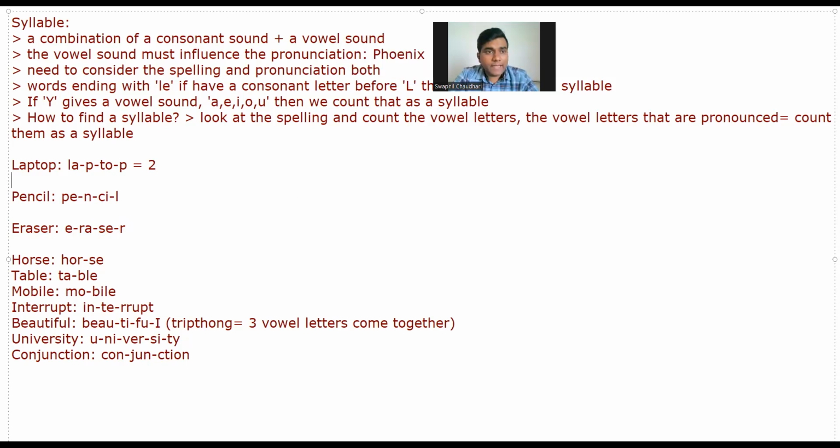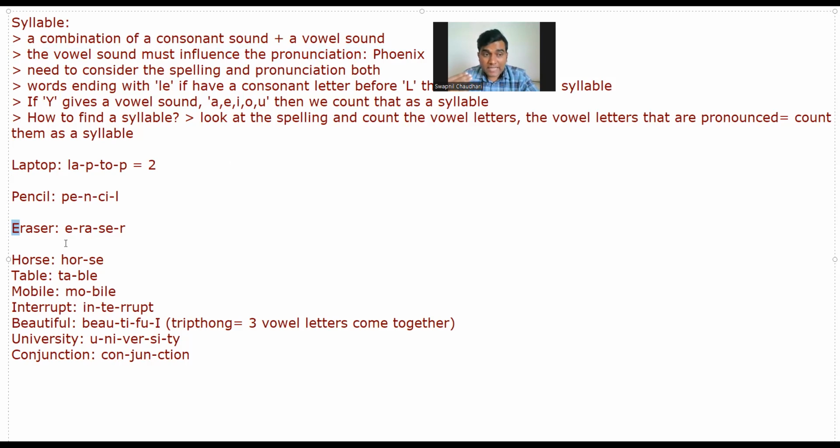If you look at that, I'm just going to highlight it. The vowel sound must influence the pronunciation, right? So over here, you see the very first letter E, although it is alone, it is influencing the pronunciation.